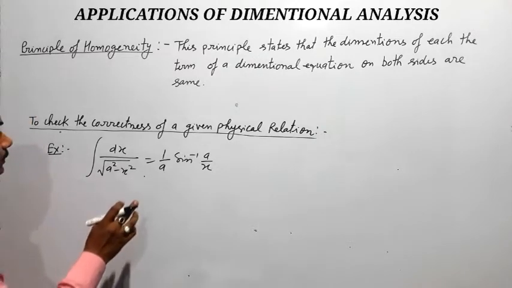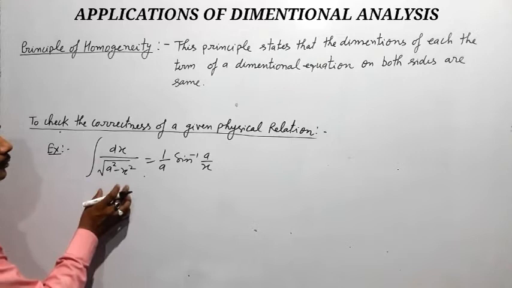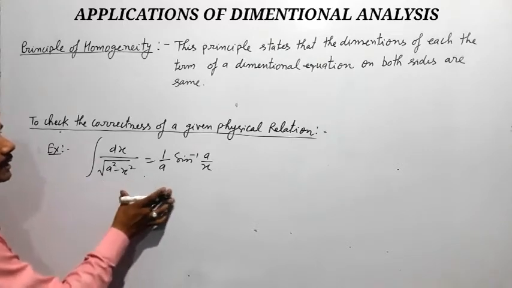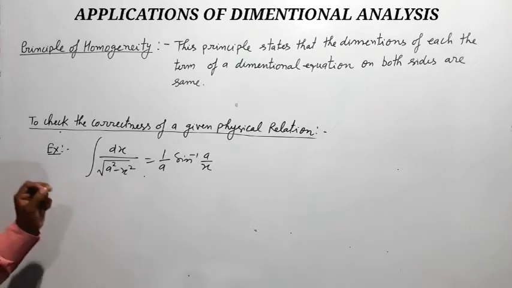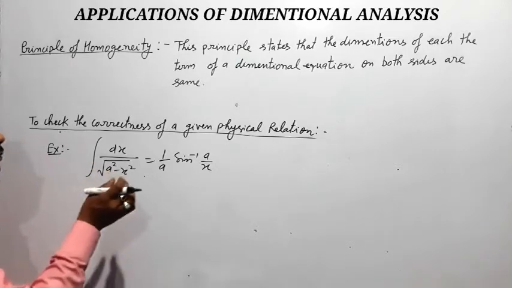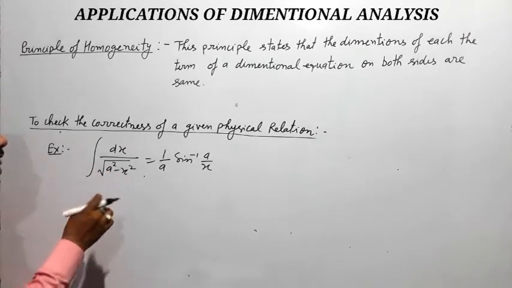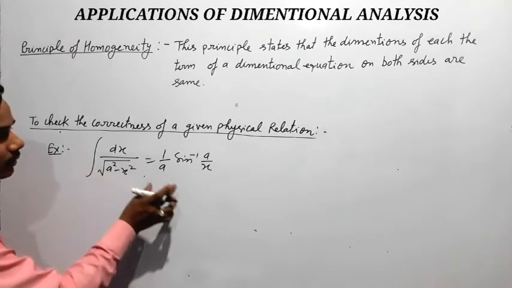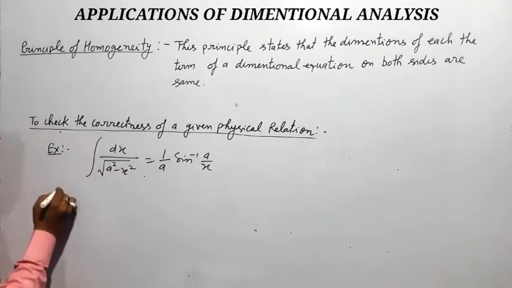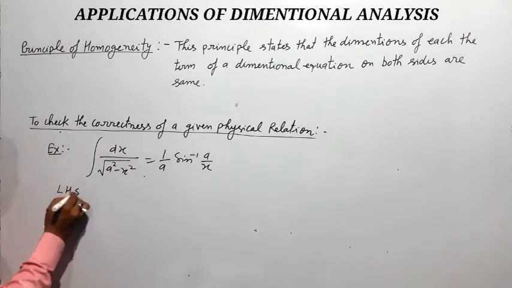According to the principle of homogeneity, only those physical quantities can be compared which have the same dimensions. So the dimension of the left hand side must be equal to the dimension of the right hand side. So we will calculate the dimension of the left hand side.